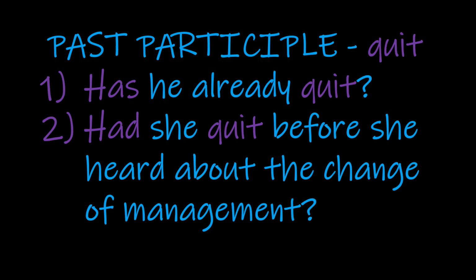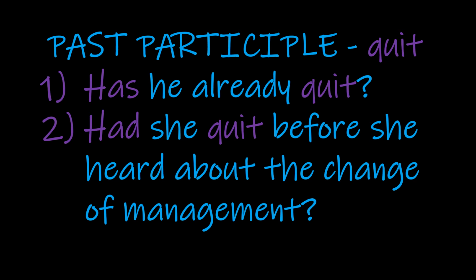Here and now. So the thing I'm asking about, the quitting, would have happened in the past, if it has happened at all. The answer might be no, he might be sick. But I would use present perfect, which is what we're looking at here, if I want to kind of anchor that thing in the present.